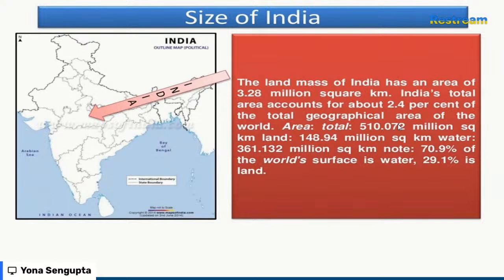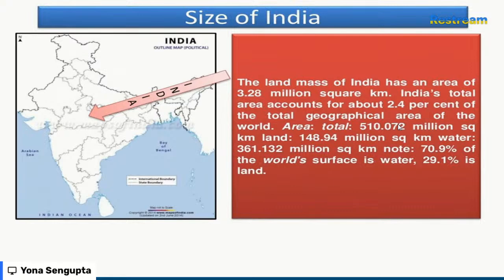Before that, the first is Russia with 17.09 square meters area. Next, second is Canada, 9.98. Third, USA, which is 9.83. Fourth is China, that is 9.60.